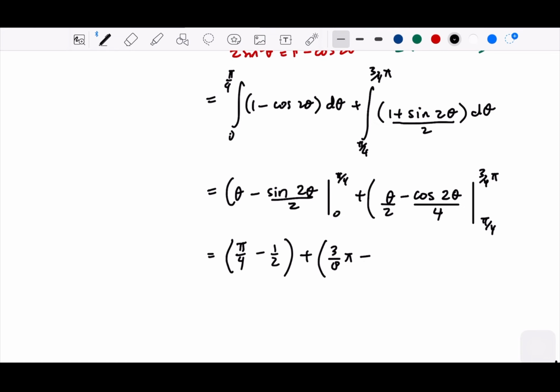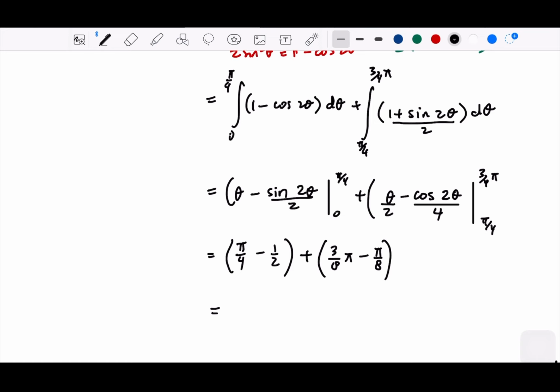And minus pi over 8 minus 0, right? Or maybe, yeah, maybe just minus pi over 8. 2 over 8 is pi over 4.